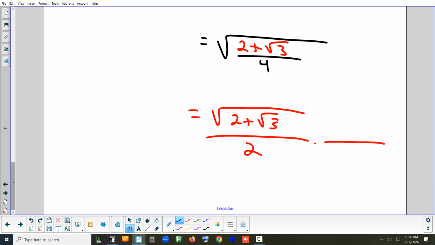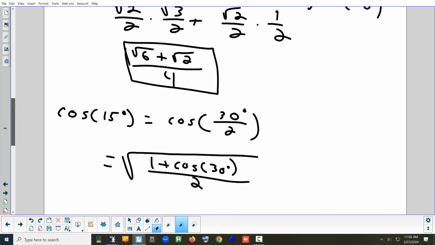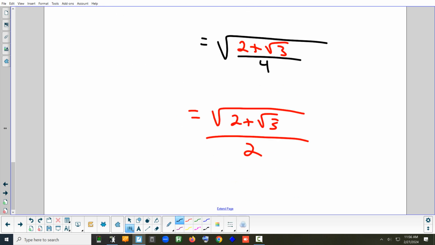So at least you made the bottom match. So now you have 2 square root 2 plus root 3 over 4, by putting the 2 into the square root. So now, since the bottom is good, the goal is how do you make this look like this?